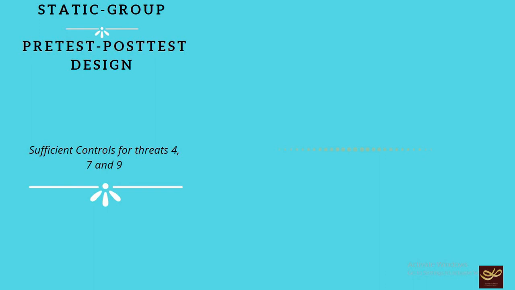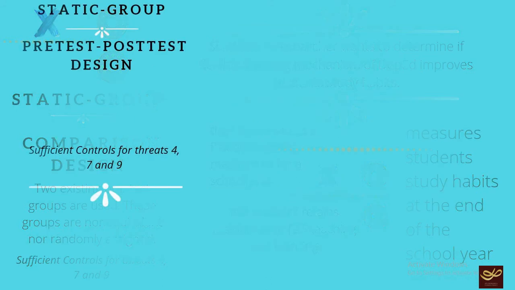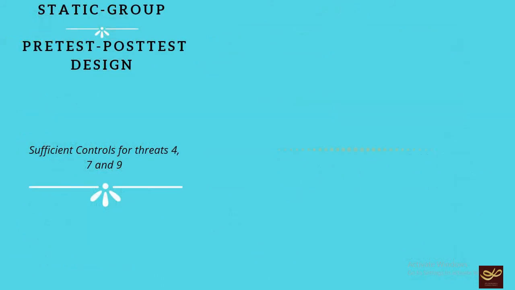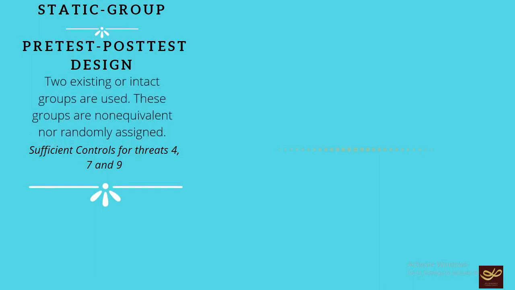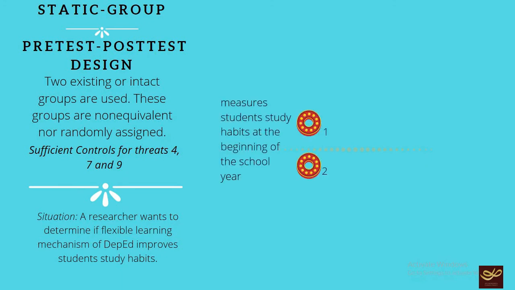Another design is the static group pretest and post-test design. This static group pretest and post-test design has the same level of controls as the previous one, the static group comparison design. In this case, there is already a pretest that has been conducted. Two existing or intact groups are again used, and these groups are not equivalent nor randomly assigned, but there was a measurement prior to the treatment.